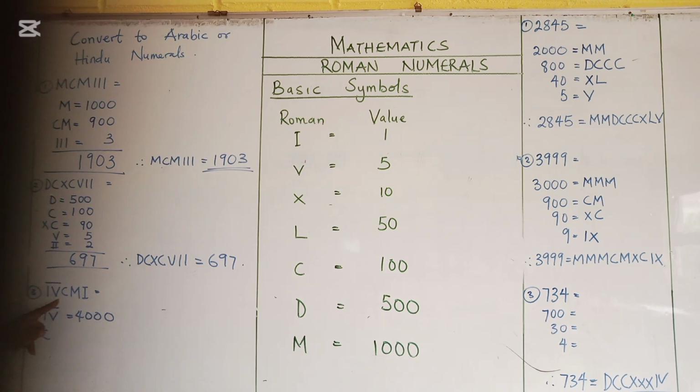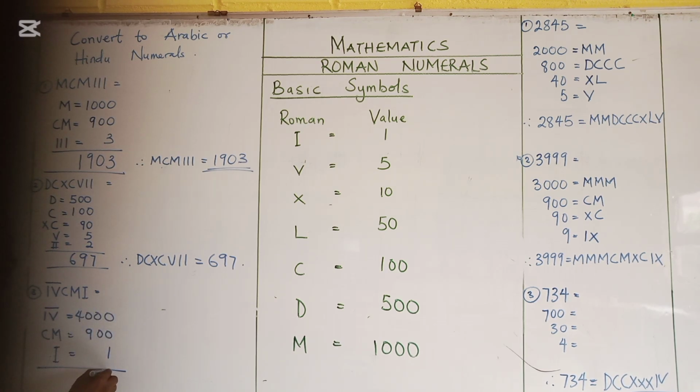Then C. But before you write your C, check the next one. The next one is M. So M is bigger than C, and you take them together. CM, as you know, is 1,000 minus 100, and that gives us 900. I said always arrange them according to their magnitude. The last one is I, and that I is 1. Place it according to its place value.